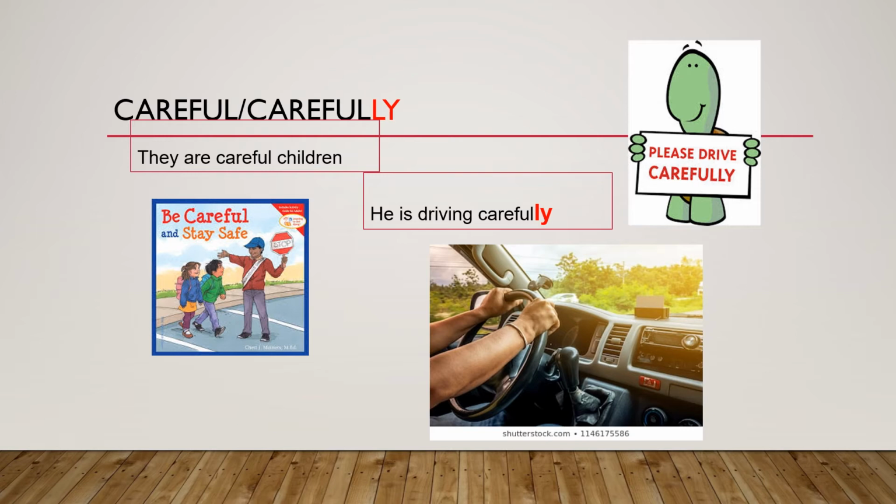And the sentence says, "They are careful children," because what we're describing is the noun children. And then the following one says, "He is driving carefully." We're not describing the man, we're describing how he drives. He is driving carefully, you understand? So we have careful children, adjective, driving carefully, adverb.